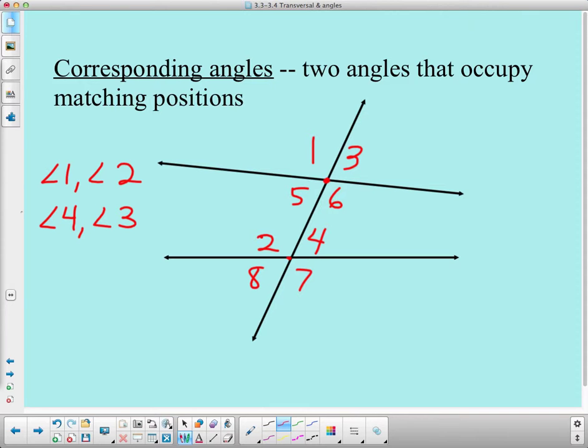And at this intersection, 4 is also the upper right. That makes sense? Okay, Colton? 7 and 6. Do you think he gave me a correct one? Yep, lower right and lower right. So then there's one more pair, 5 and 8, lower left, lower left. Okay, so that's what we mean by corresponding, matching positions as in where it is in relation to that crossing.